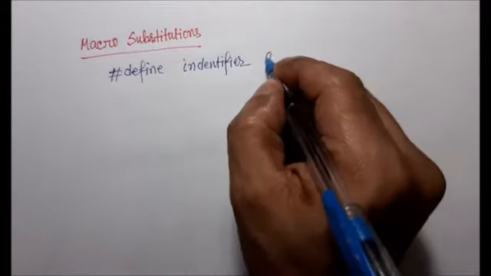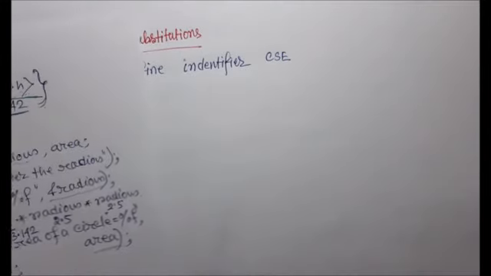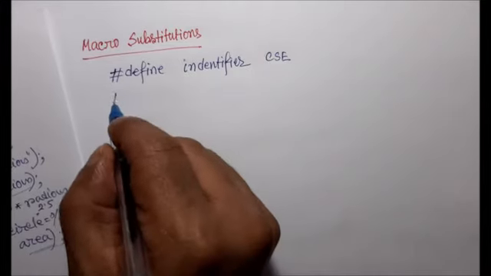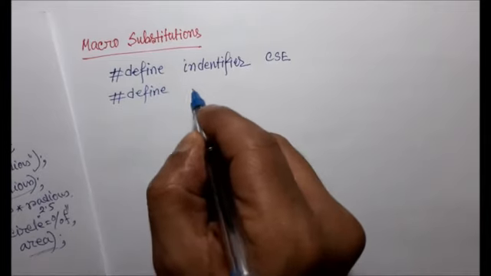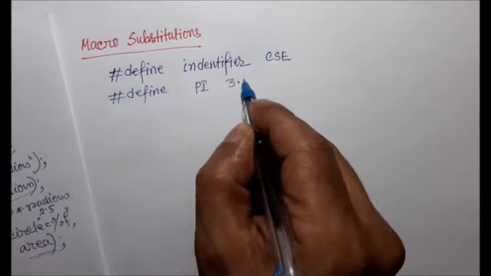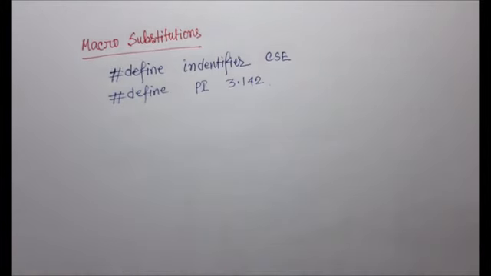Now compare with the previous one. I have used hash define pi. Let me write it once again so that you can understand. Hash define pi, then I have used 3.142, right.